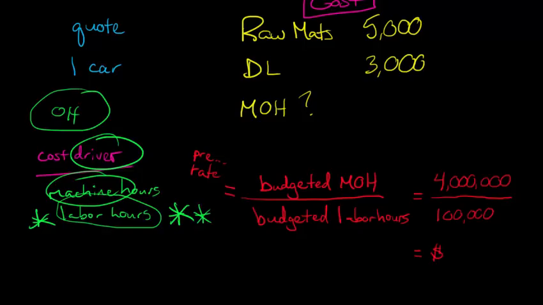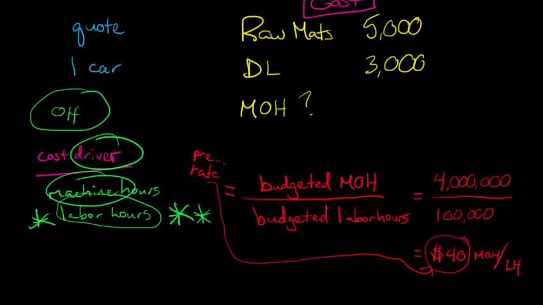That gives us $40. And what is this $40? That's $40 of manufacturing overhead applied per labor hour. So this is our predetermined rate. For every labor hour that we incur, every time someone works an hour of labor on a job, we're going to apply $40 of overhead to that job.